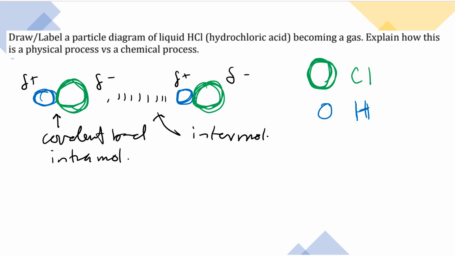So what's happening going from liquid to a gas, and it's the same substance? We know that's a physical process. So we have our liquid. It's going to associate with another one, pretty somewhat close. There's still some space because of the dipole interaction. So this is liquid to gas.